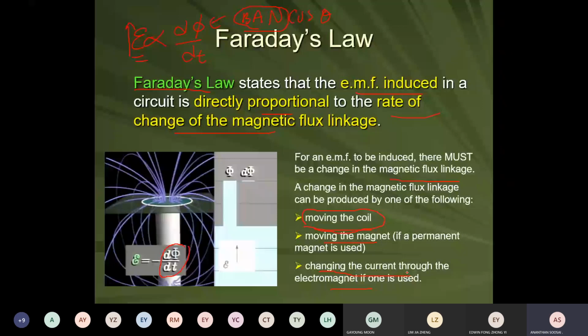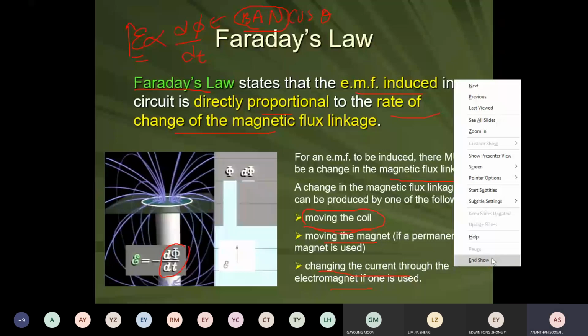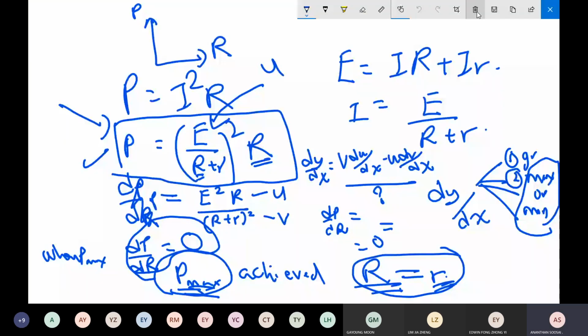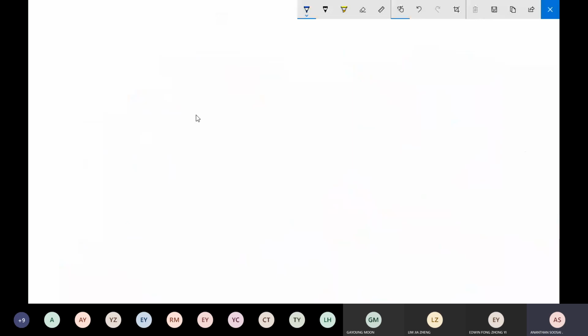Okay, I need to explain the third one. How can changing the current through the electromagnet produce flux change? Let me go back to the diagram. You see, you have a coil here.